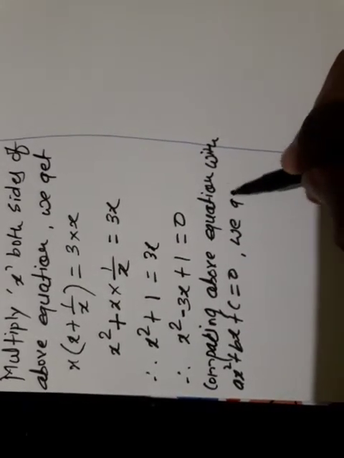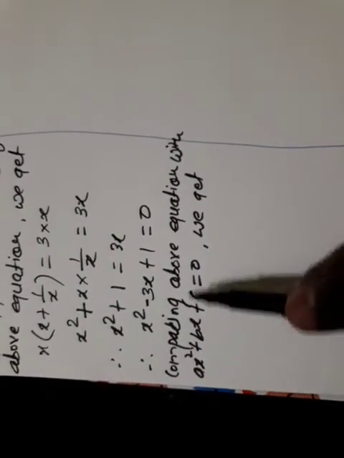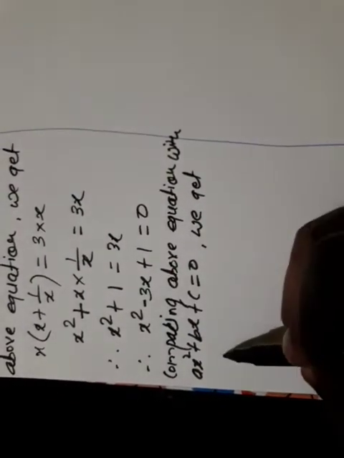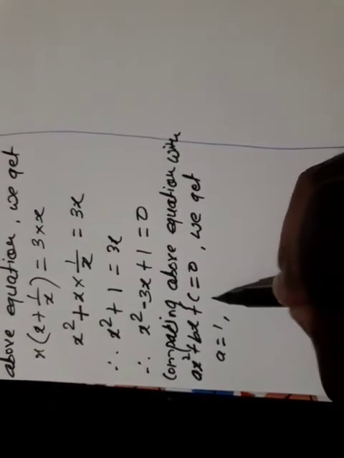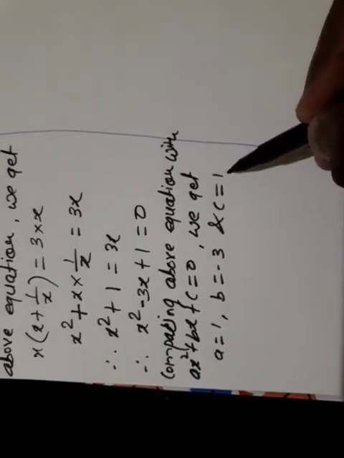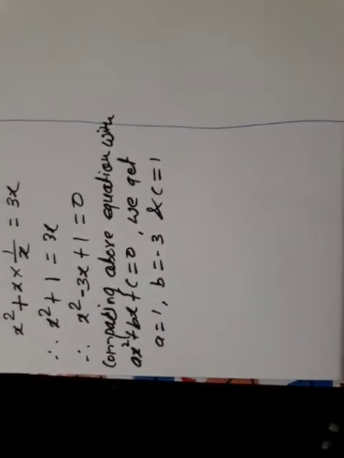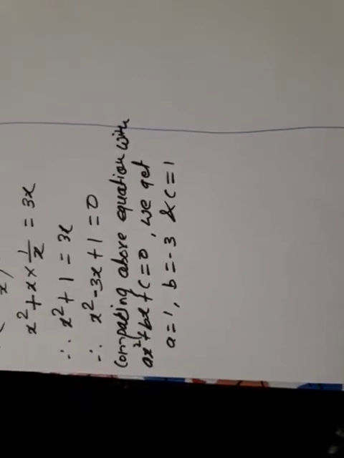Here we will get the values of a, b and c. Now we will write a is equal to 1, b is equal to minus 3 and c is equal to 1. Okay, got the idea?